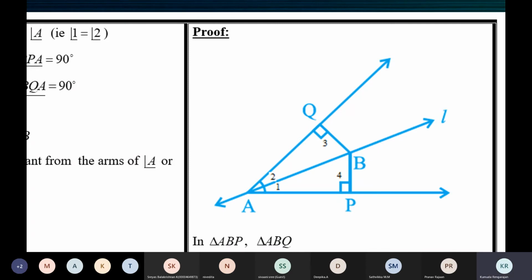Tell me the triangles in the correct order. Name the triangles correctly when they are congruent. Children, name the triangles when they're congruent.